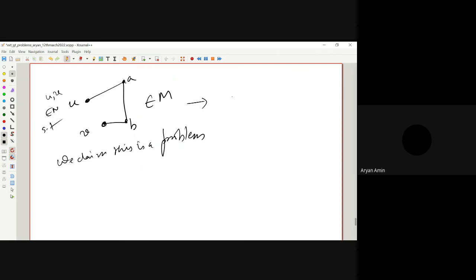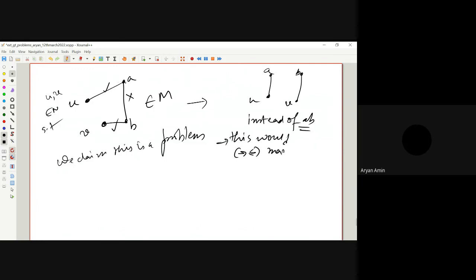Because suppose your matching had the edges AU and BV instead. Suppose you took these two edges instead of this one. Then you are increasing the number of edges, but you still have the matching property, right? So this would contradict maximality. So this cannot happen, right?